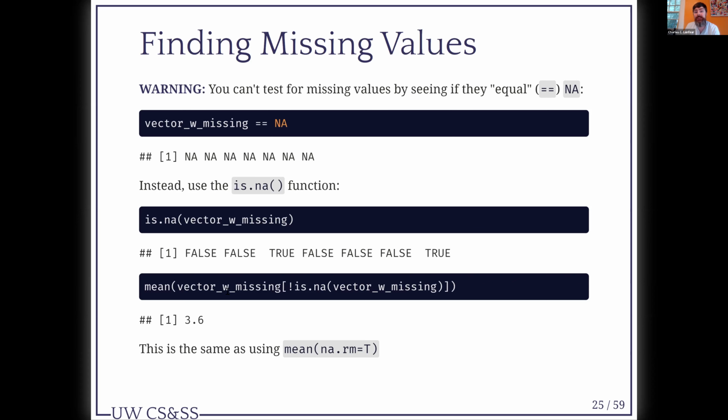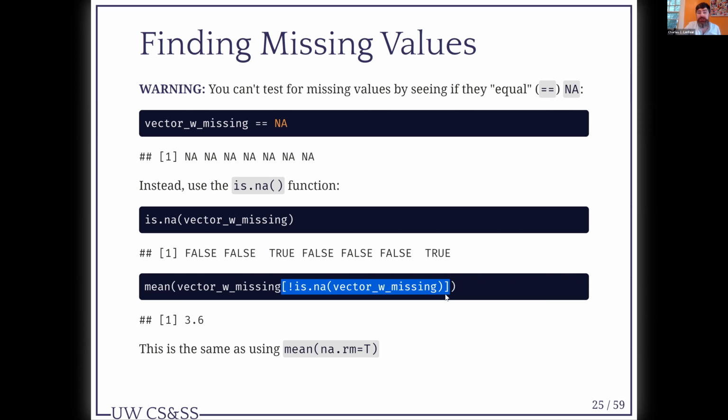Subsets the vector by that, which results in dropping all of the NA values, and then it takes their mean and gives you 3.6. So all NA.rm equals TRUE is doing is this subset operation over here on the vector. That's how it works.